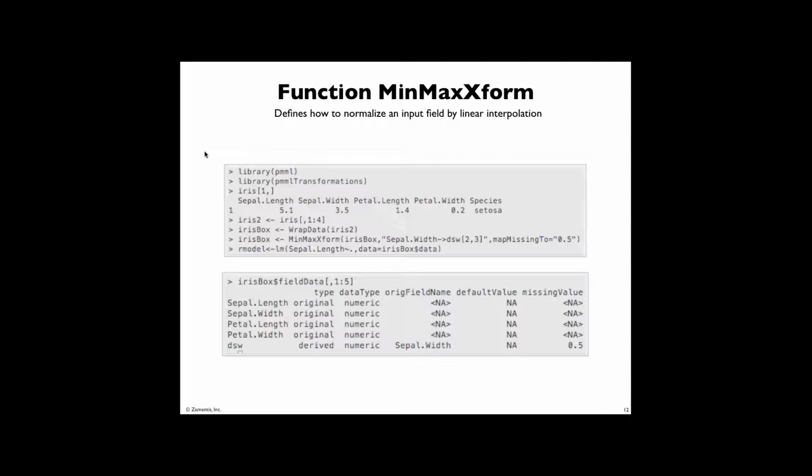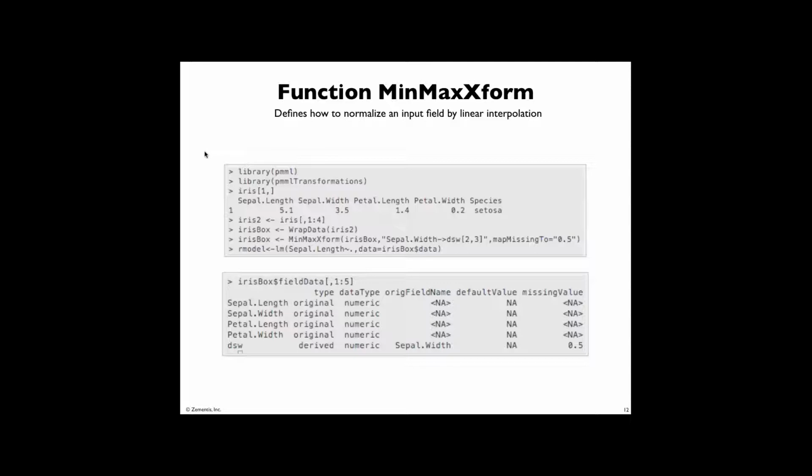And you're also allowed to define how to handle missing values in this transformation. So map missing to 0.5 means if the input value, in this case sepal.width, is missing, the derived field is to be given a value of 0.5.